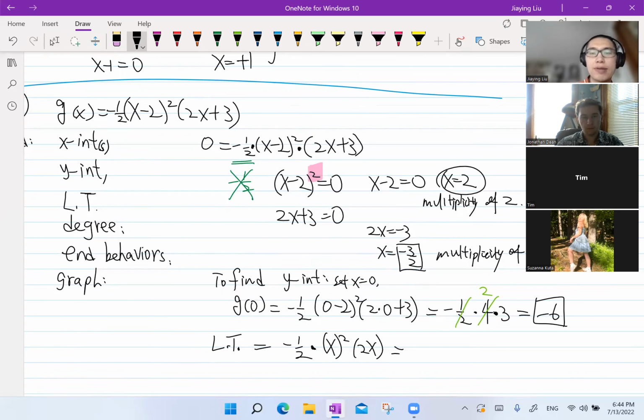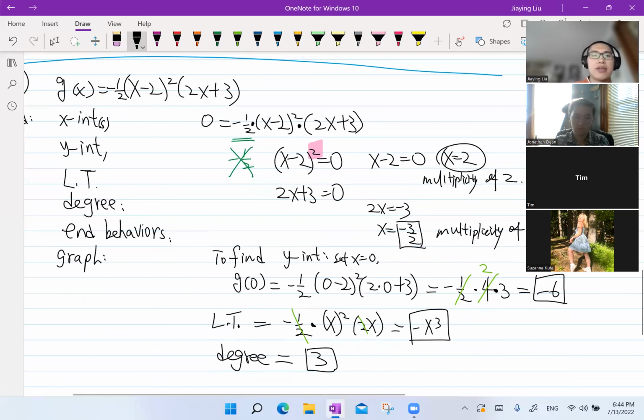So that's going to be -1/2 times the 2, which multiplied together give me 1. Then x squared times x is x cubed, so we get -x cubed. That's my leading term. From this leading term, I can tell what the degree of the polynomial function is. The degree is the exponent of the leading term, which is 3.